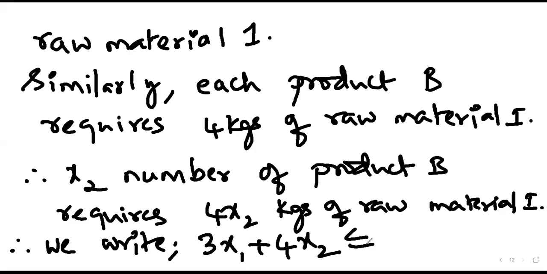So how much should this be? 3x1 plus 4x2 must be less than or equal to how much? The total available raw material 1, 5,000. Correct.